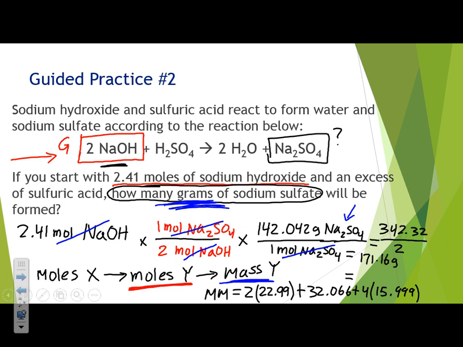So now we need to look at significant figures. We started with 2.41, which has 3 significant figures. So our answer should also have 3 significant figures, leaving us with 171 grams of Na2SO4. So this here would be our answer to this problem.